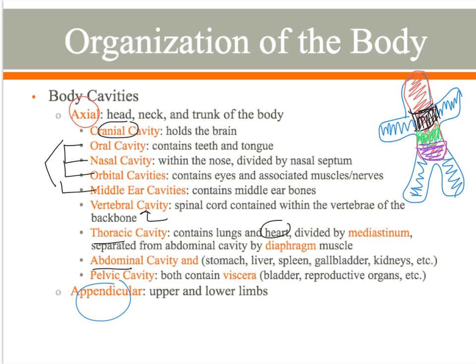So you can see that all of those parts are still contained within the axial portion of the human body, but they all also have kind of their own distinct areas. And then in a little bit less detail, we will study the bones and muscles that are found in the appendicular portion. So we'll pretend those are bones and knees, and then bones of the arms and hands as well.